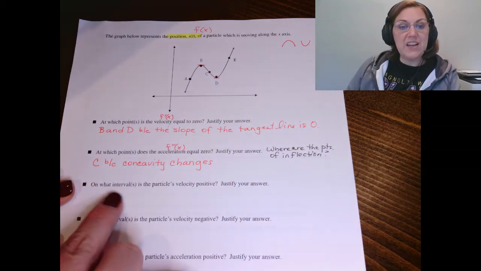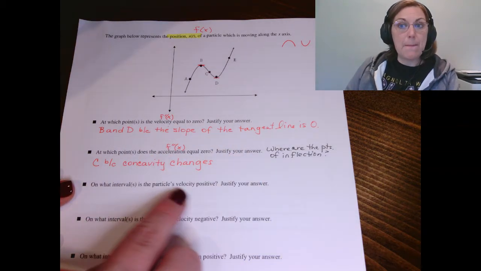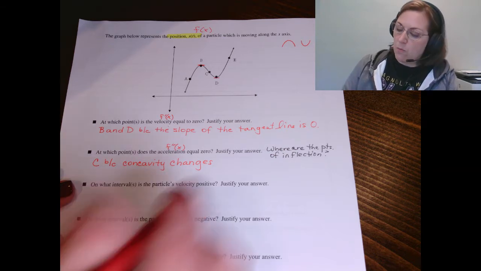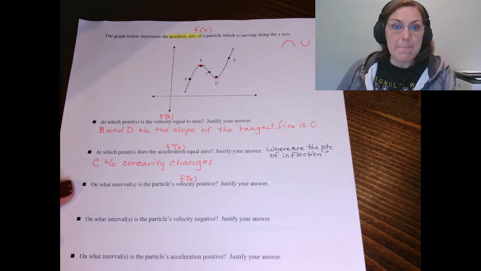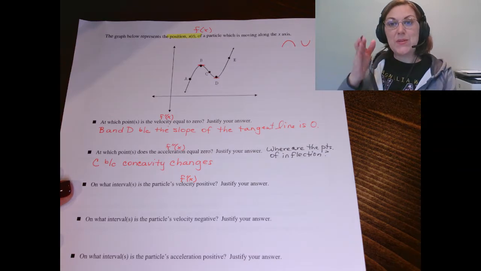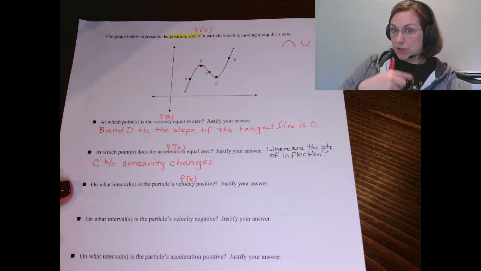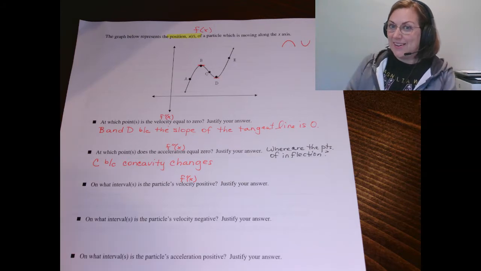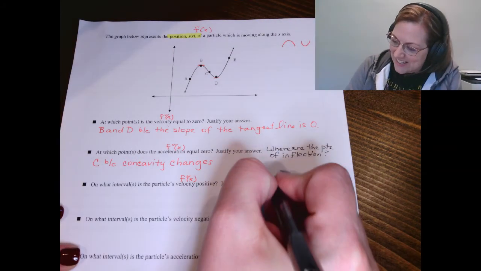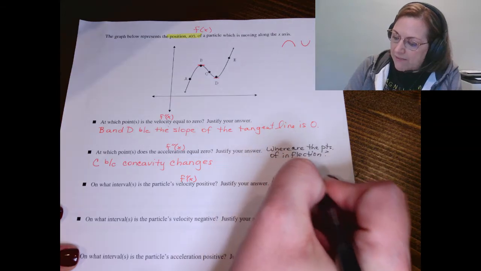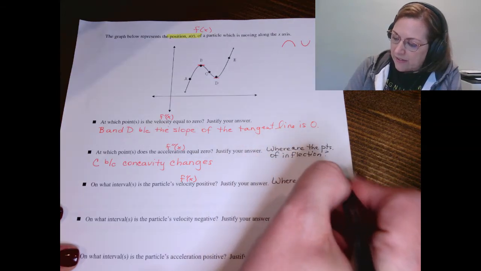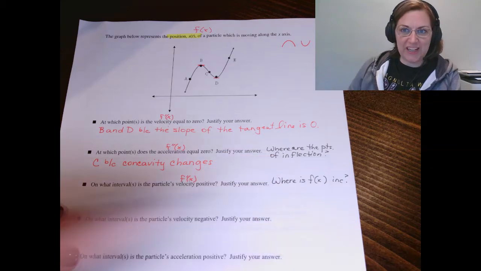Okay, on what intervals is the velocity positive? So on what intervals is the first derivative positive? So we know the first derivative is positive where the function is increasing. So this is really asking me, where is f of x increasing? I'll just translate over here, okay?